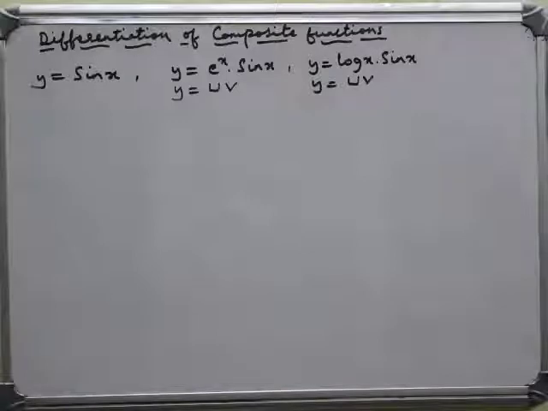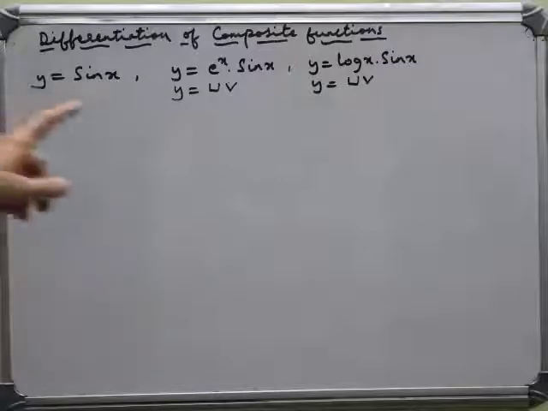Now these are the functions, and in our previous video we understood how to differentiate these kind of functions. Because these are not composite functions or function of a function, these come under basic rules of differentiation. These examples can be easily solved by using basic rules of differentiation.